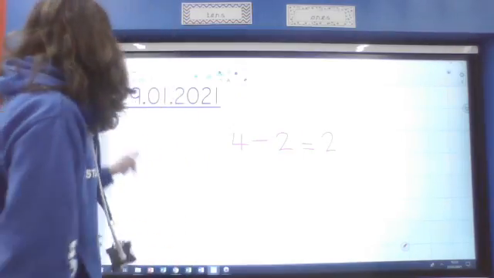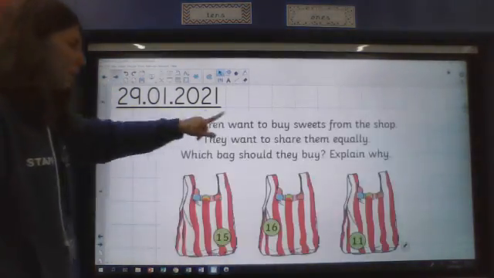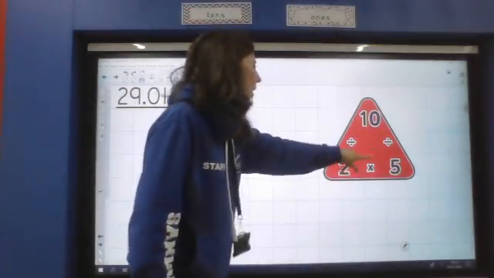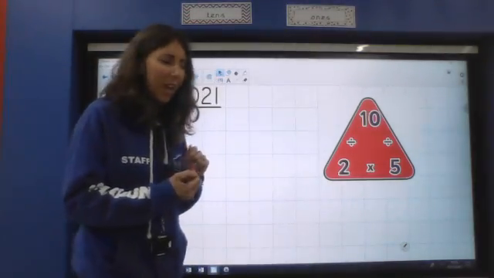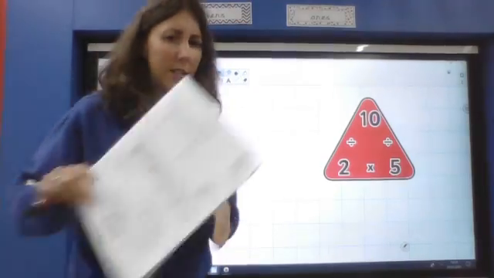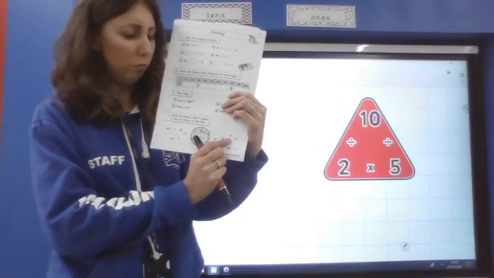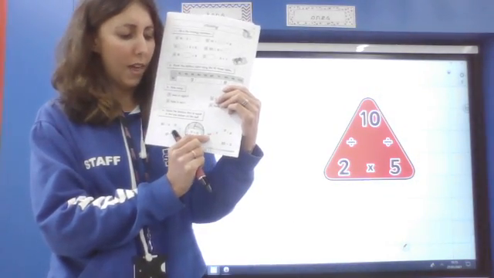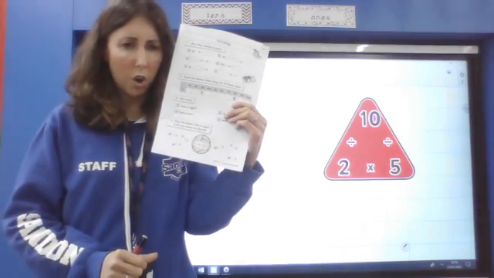Now what we have to remember is when we are thinking about our dividing, it's remembering our number triangle like that. So if my answer is going to be 2, that means that if I did 2 multiplied by the number I've got there, that answer should be the number at the start.